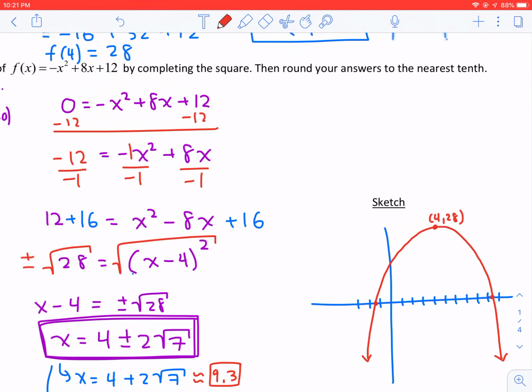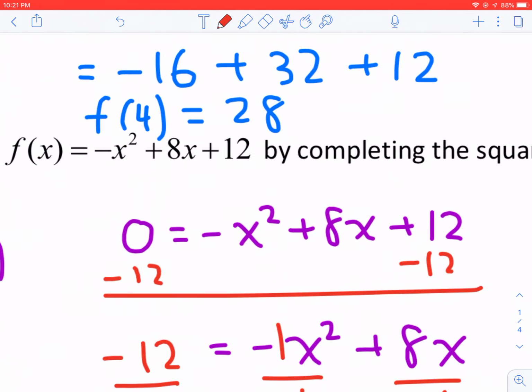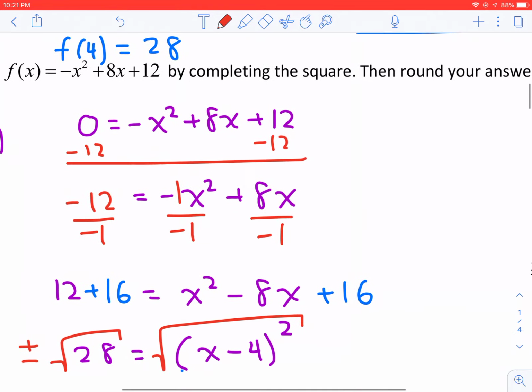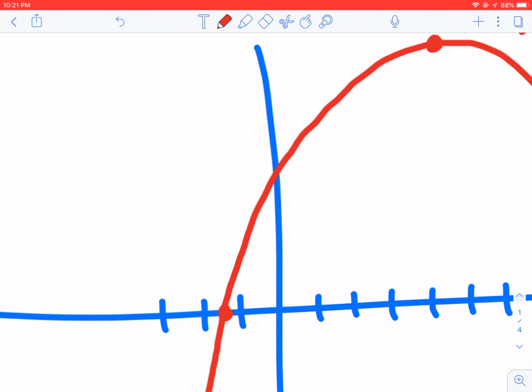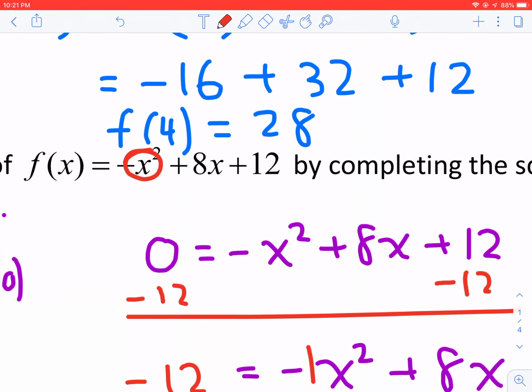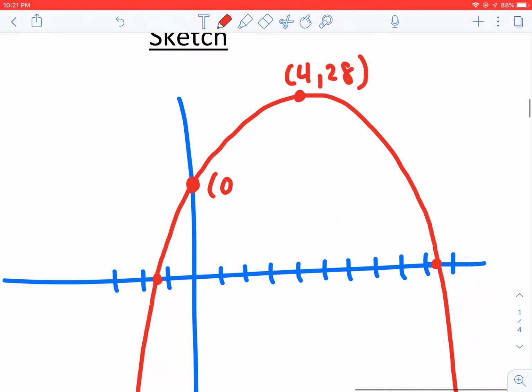We can also find the y-intercept if we like. We get that just by plugging in a 0 for x, because the y-intercept is 0 comma something. So if you plug in a 0, all of that is 0. 0 squared is 0. 8 times 0 is 0. It's just 12. It's going to be that c value.